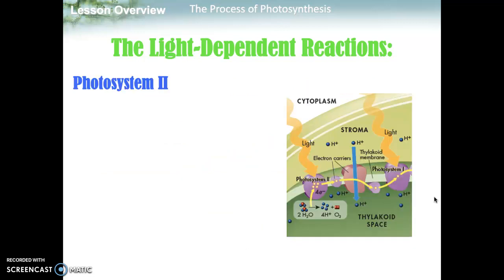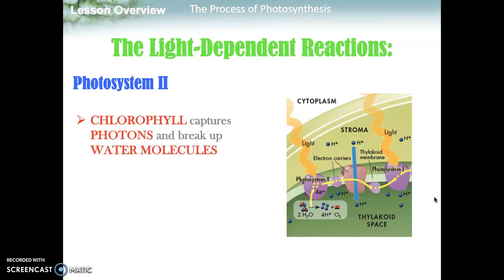So let's start with Photosystem 2, the first part of the light-dependent reactions. This is where chlorophyll captures photons. Photons are light. Light travels as waves and as particles called photons. This solar energy is used to break up the water molecules.